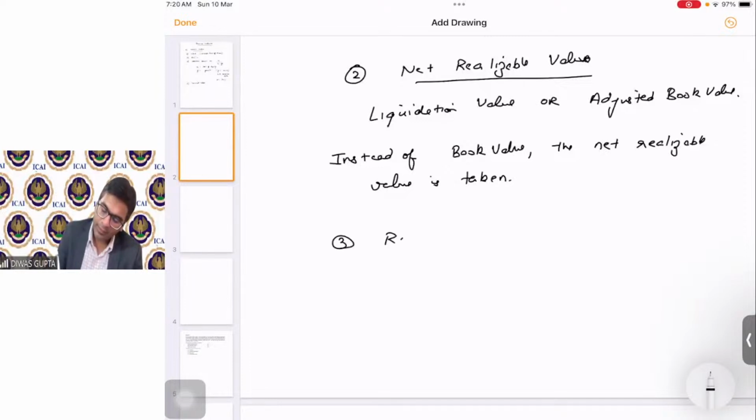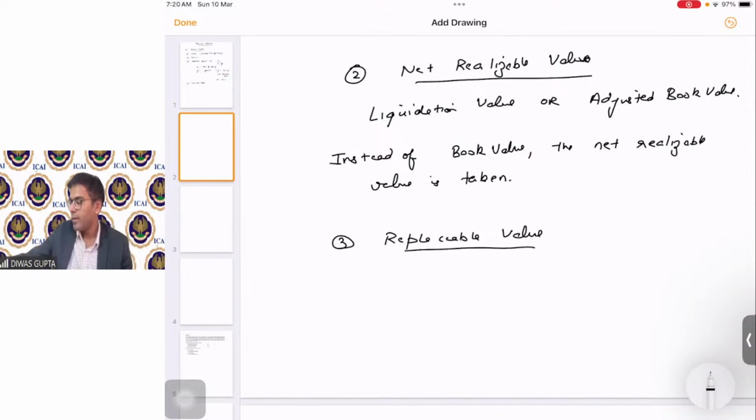Third, replaceable value. Students, what do we mean by replaceable value, and what is the difference between replaceable and realizable? Replaceable value is generally used for your fixed assets.